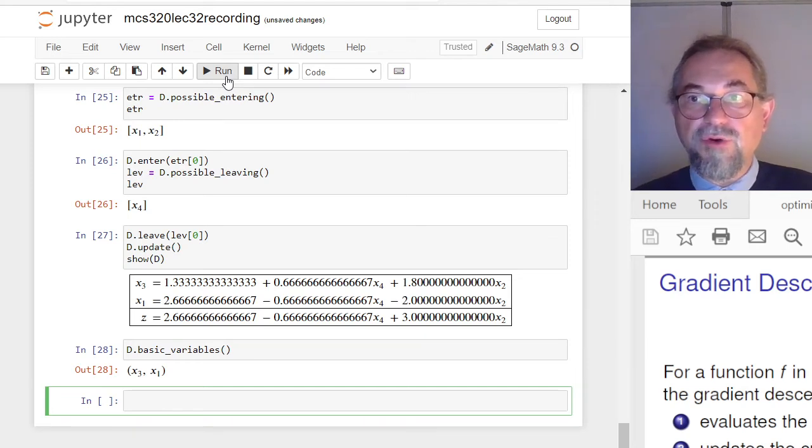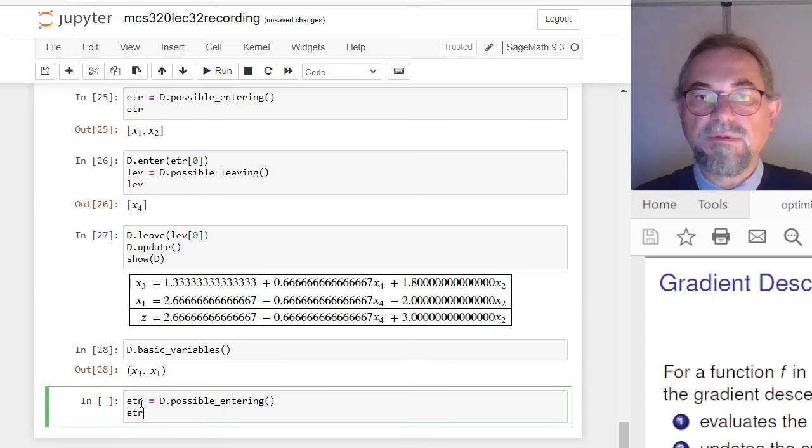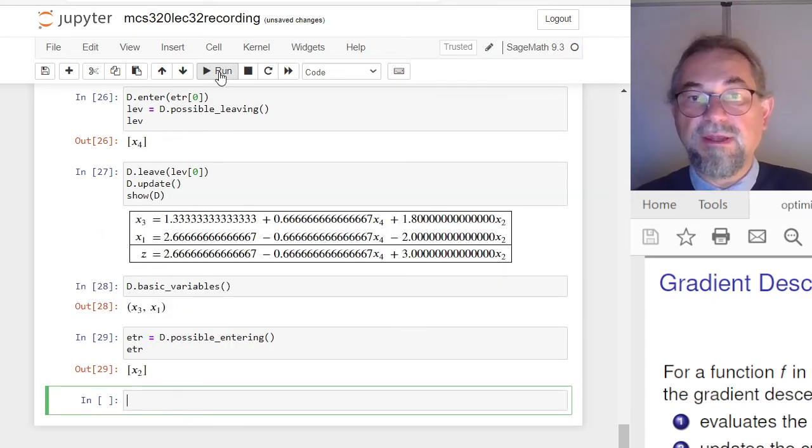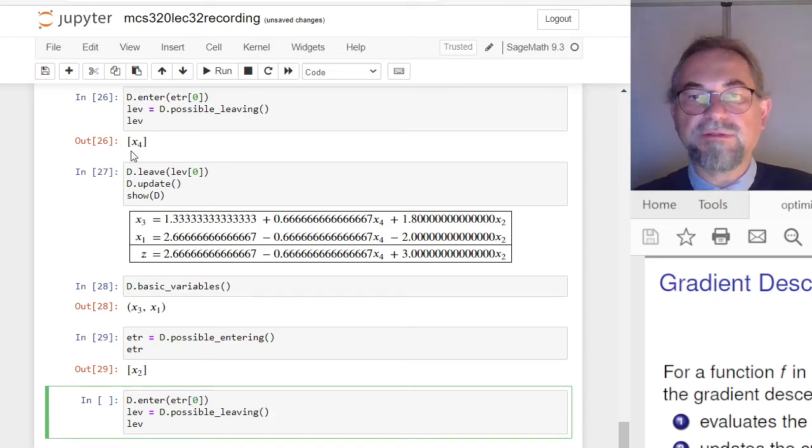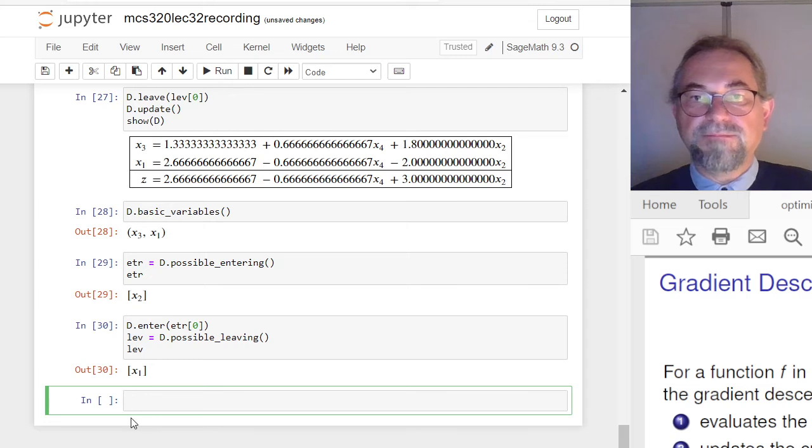So the variable that is going to enter now, if I do this again, the possible entering variables, there is no choice anymore, there's only one choice, so I have to say that the entering variable is indeed the variable that is given.